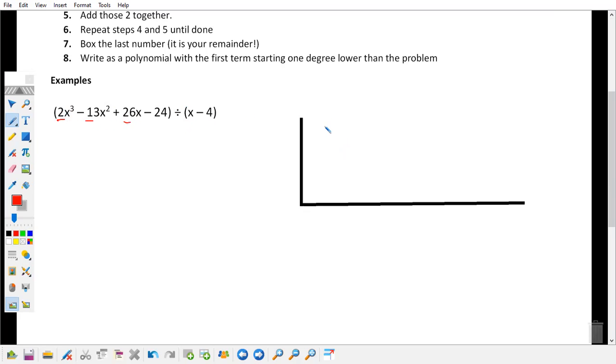So my coefficients are 2, negative 13, 26, negative 24. I'm not missing any terms, so I didn't have to put in 0. After I write my coefficients, I'm going to take my divisor and set it equal to 0. To solve for x, what do I get? 4. So 4 is going to go on the outside.